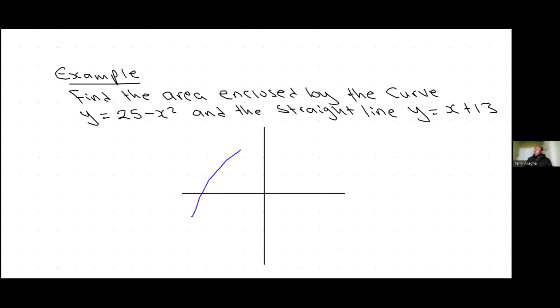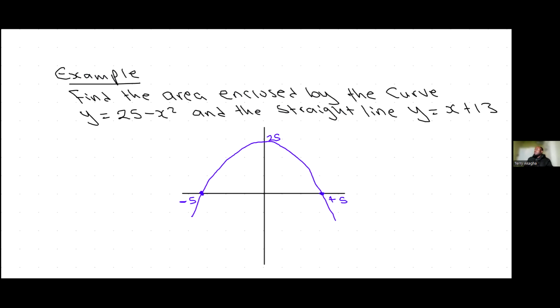The curve is going to look like this. It's a translation, 25 units in the positive direction, so it's going to be 25 here for the vertex. The intercepts at this point should be -5 and +5. Please, if you've forgotten how to sketch, it will be a good time to go and review that.